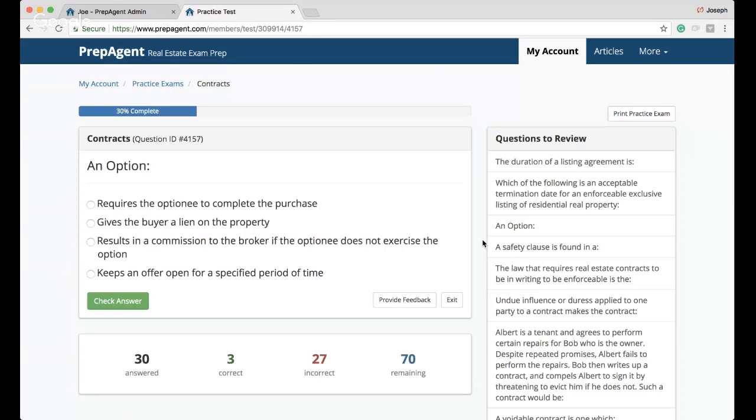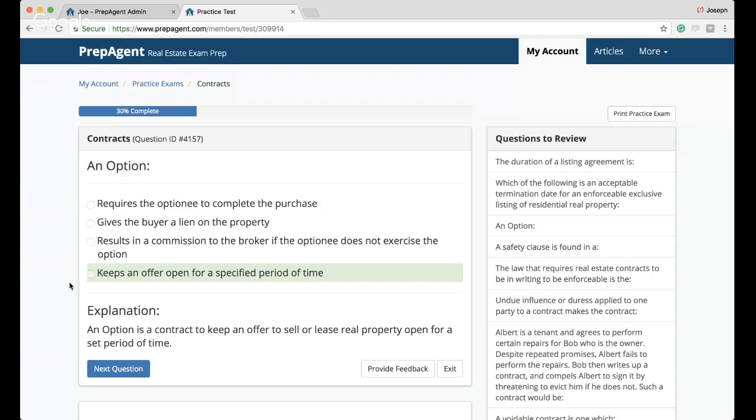What do you guys think? So you know it can't be required because we went over that before. That goes against the definition of an option. Keeps an offer open for a specified period of time.